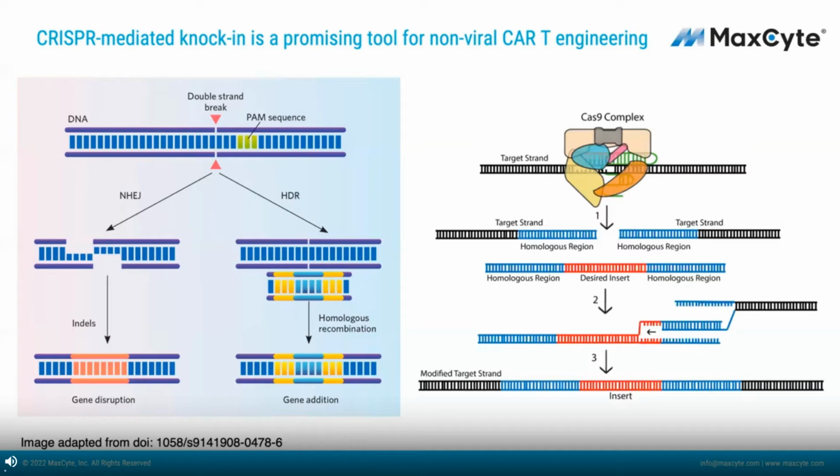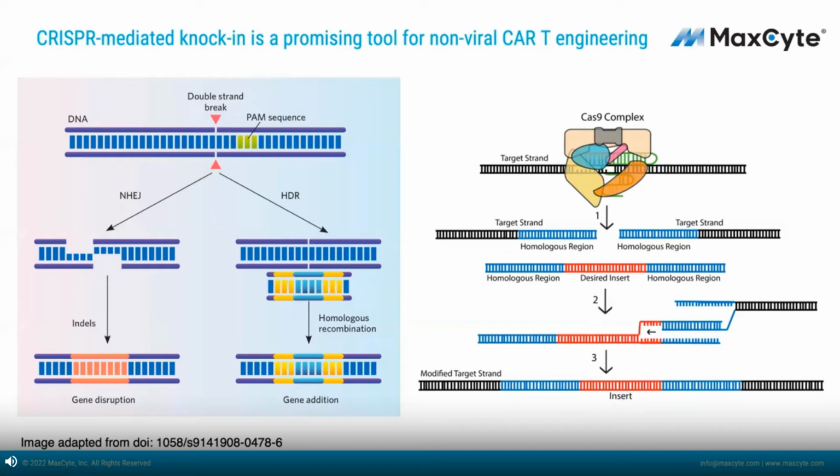Now, when we look at how this is happening, you can see we have the Cas9 complex binding the target strand specified by the guide RNA that you used. And we have our HDR template with 2 regions of homology and our desired insert. When these are paired together, we have the homology donor template being used to repair that double-stranded break, thereby giving us our insertion.